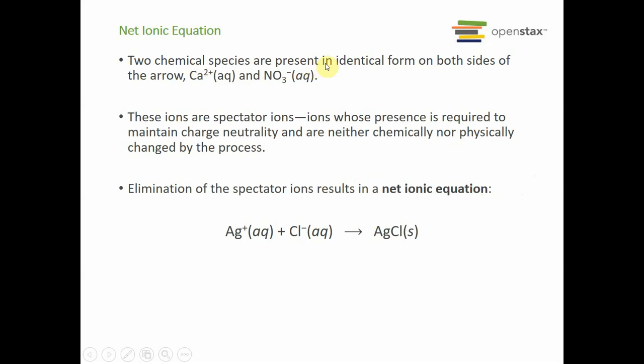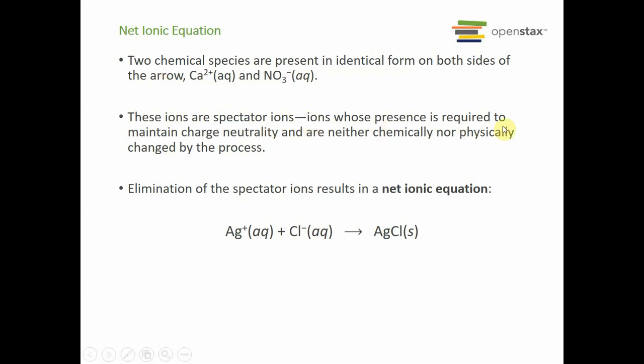Two chemical species are present in identical forms on both sides of the arrow, the calcium 2 plus aqueous and the nitrate minus aqueous. These species are called spectator ions because they just sit around and don't do anything. They just look at everything else going on around them.